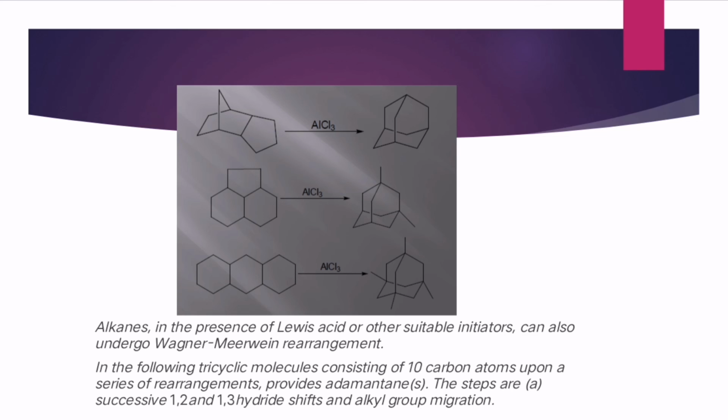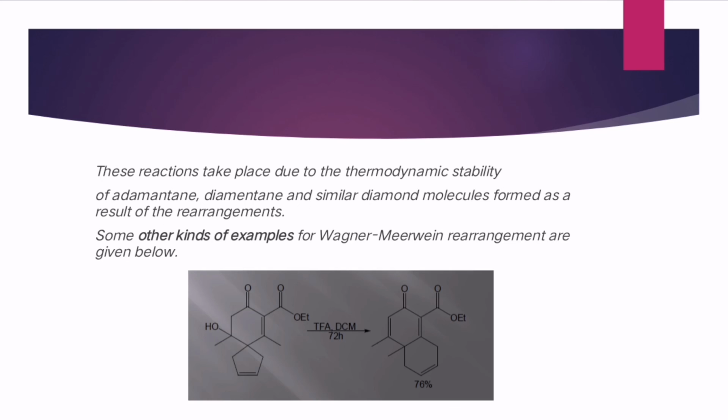These steps are successive 1,2 or 1,3 hydride shifts and alkyl group migration. These reactions take place due to the thermodynamic stability of adamantane or diamantane and similar diamond molecules formed as a result of rearrangement. Some other kinds of examples of Wagner-Meerwein rearrangement are given below.